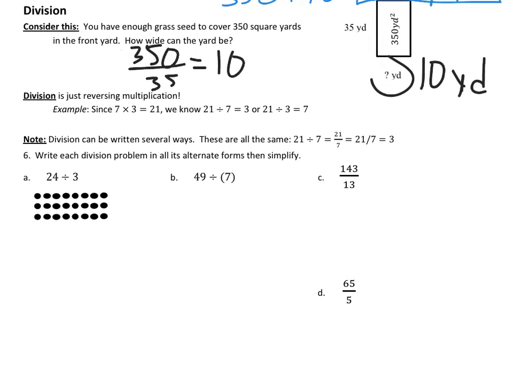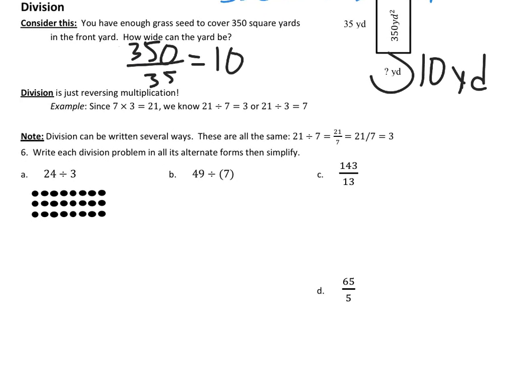Okay, something to note, we can write division in a few different ways. We can write it using this little symbol that you've seen for many, many years since you were in elementary school. But more often we'll write it as a fraction, 21 over 7. 21 over 7 means 21 divided by 7. Or we can write it as 21/7.